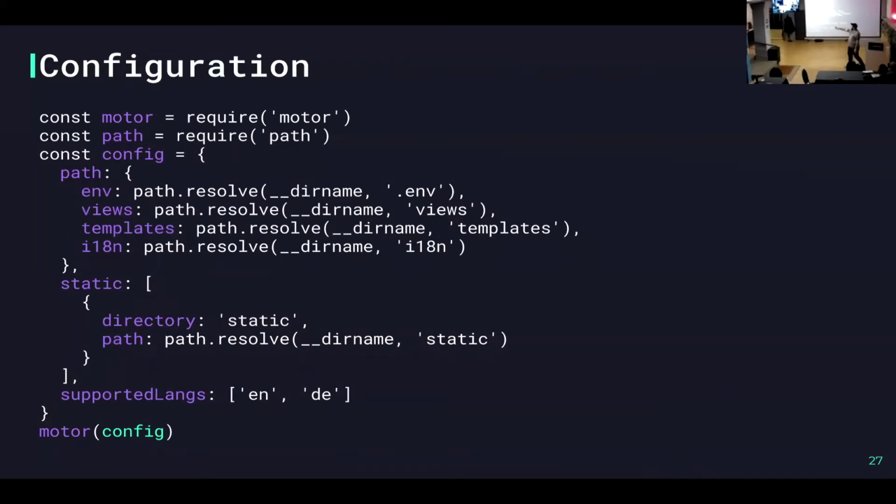So here, if I name it static, it will be /static, and everything inside this path will be under /static. And then what are the supported languages? If my microsite, as we call it, supports German and English, then I'm simply calling Motor with the right configuration.